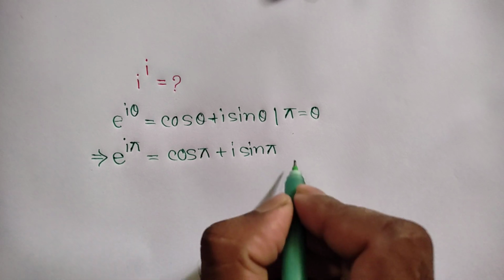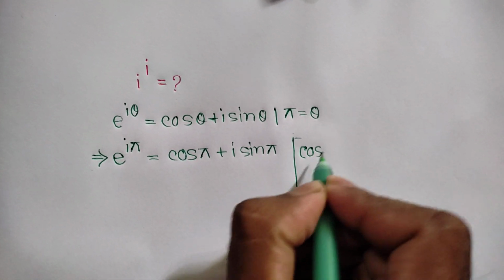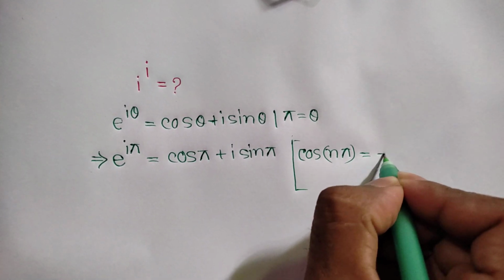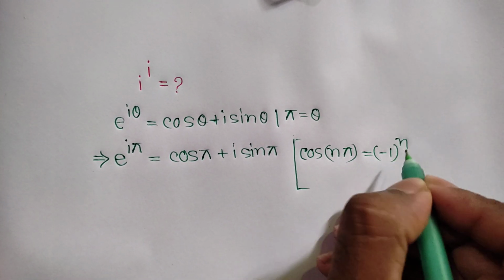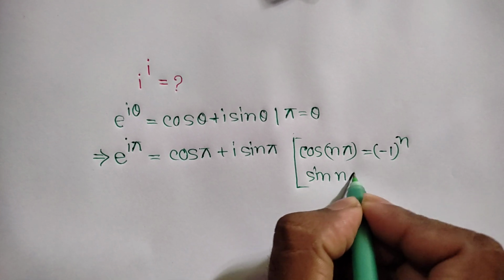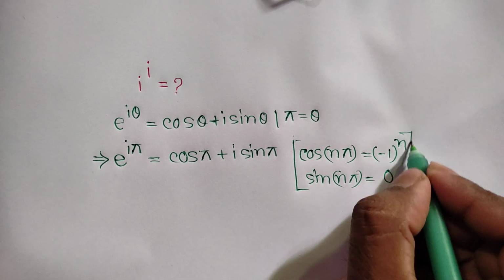Again we know cos n pi is equal to (-1) to the power n, and sin n pi is equal to 0.